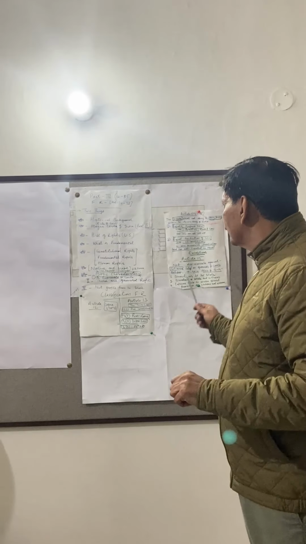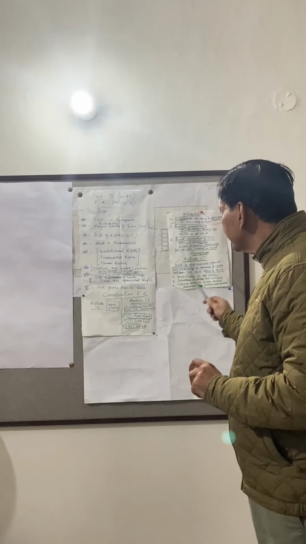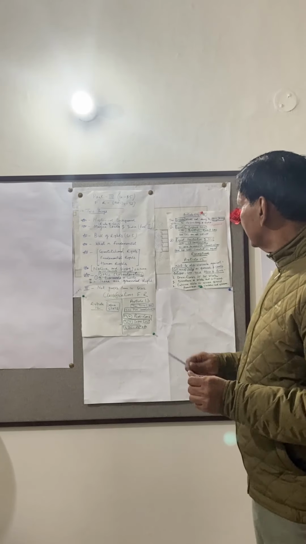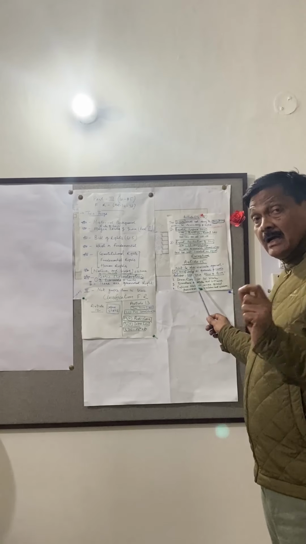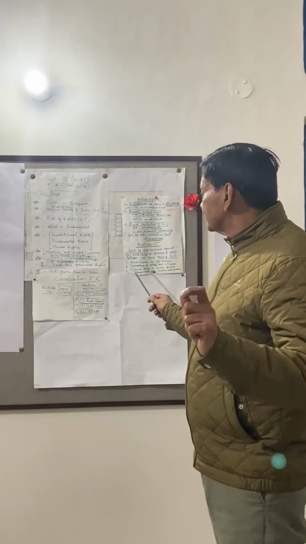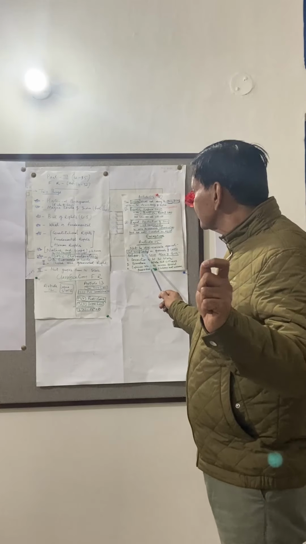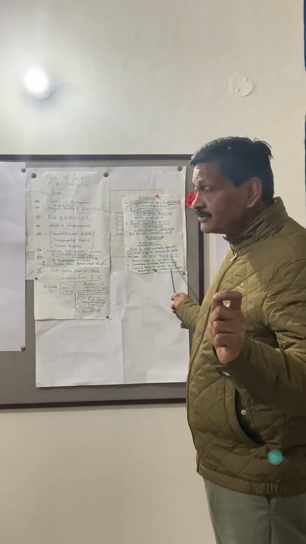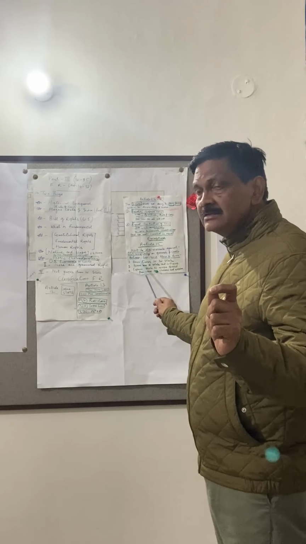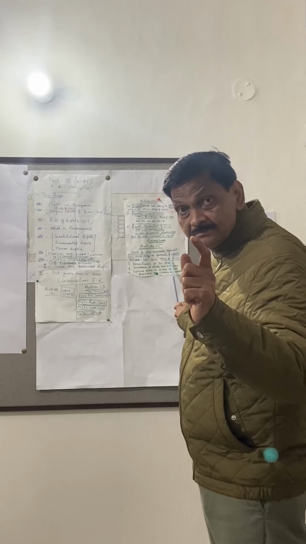Now we shift to Article 15 of the Constitution. The language of Article 15 clearly mentions not to discriminate against citizens only on the grounds of caste, religion, sex, race, and place of birth.